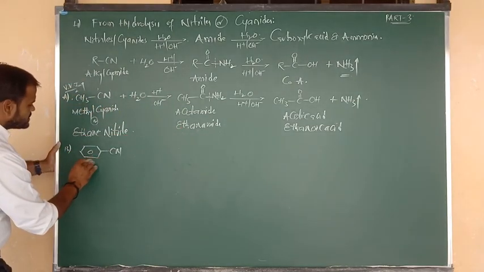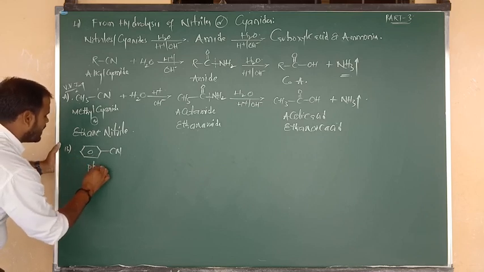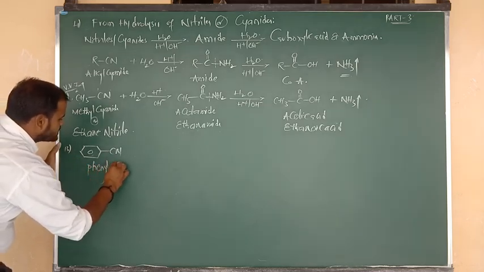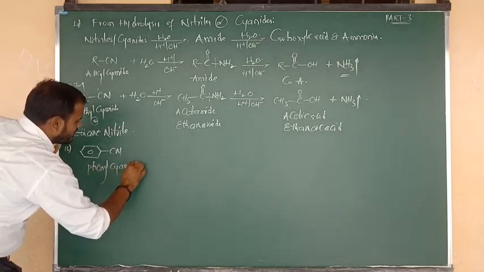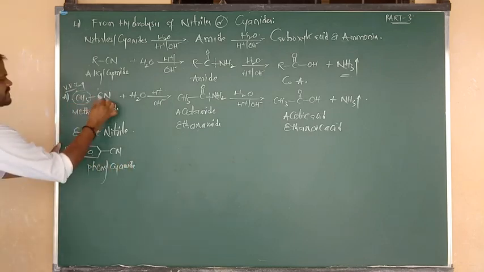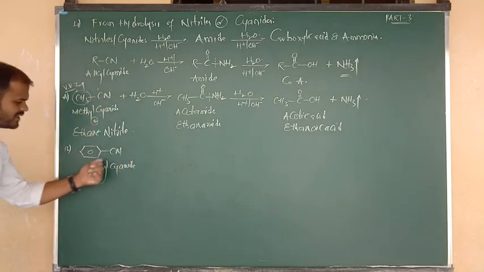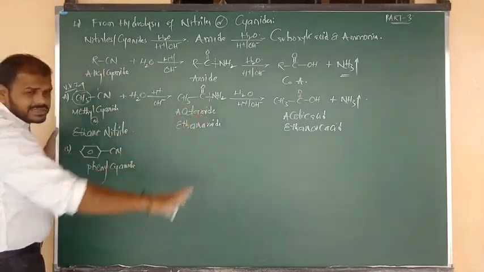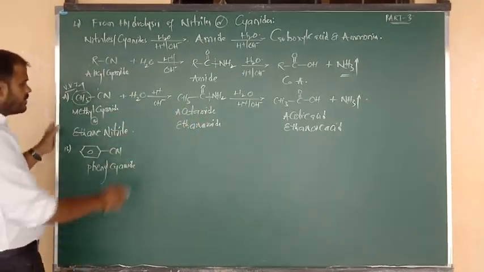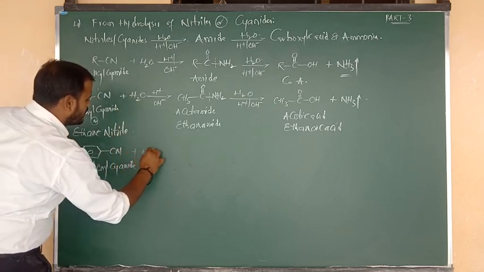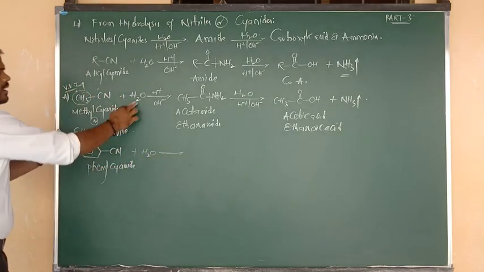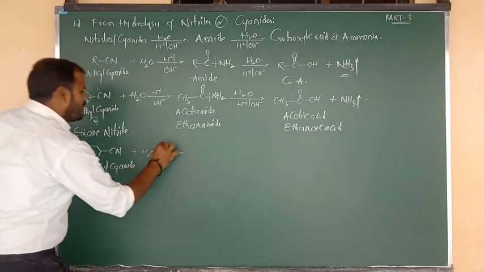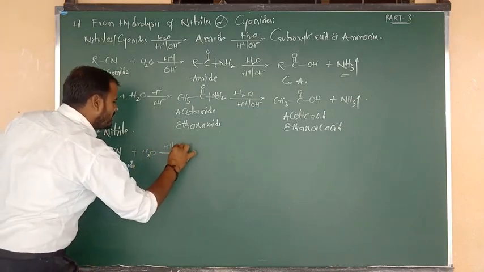Benzene bonded to CN is called phenyl cyanide. CH3CN is methyl cyanide, and benzene CN is phenyl cyanide. Everything is the same. Now see the reaction and continue: upon hydrolysis, in the same medium, either acidic or basic.